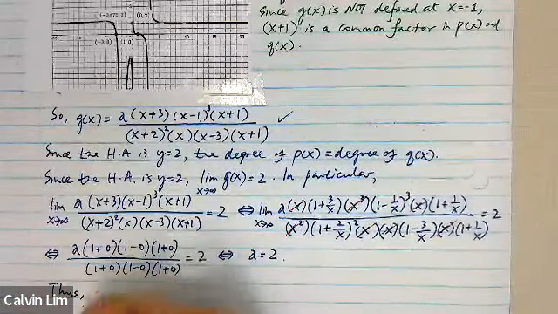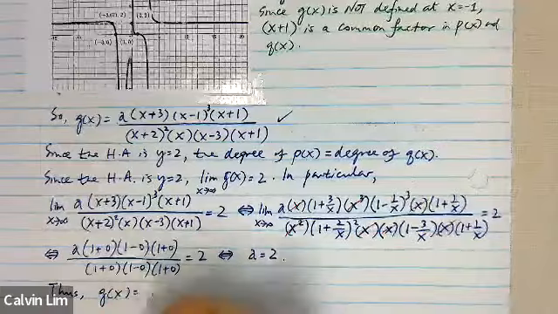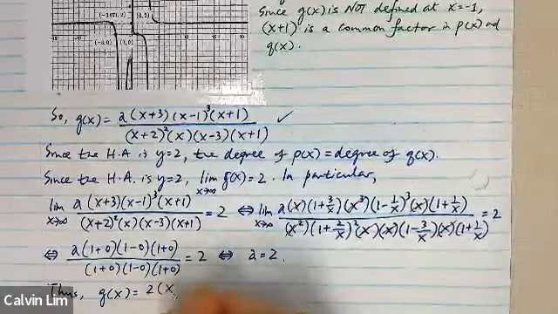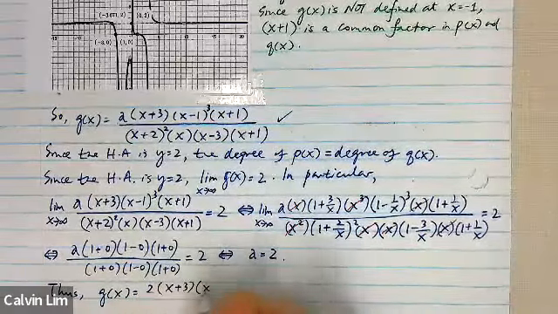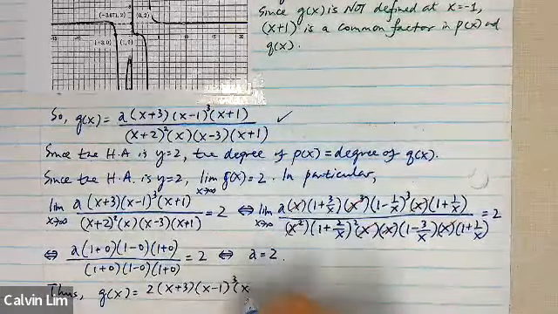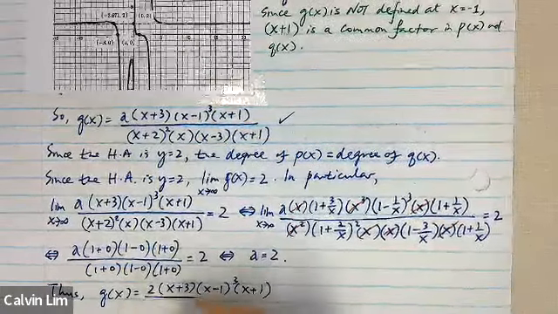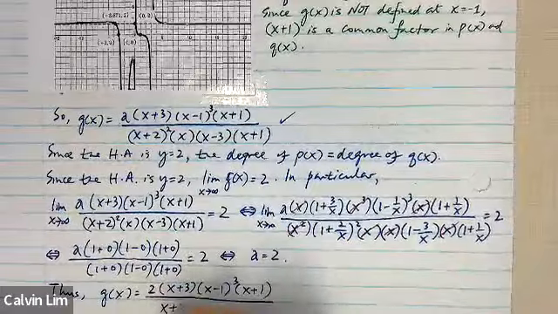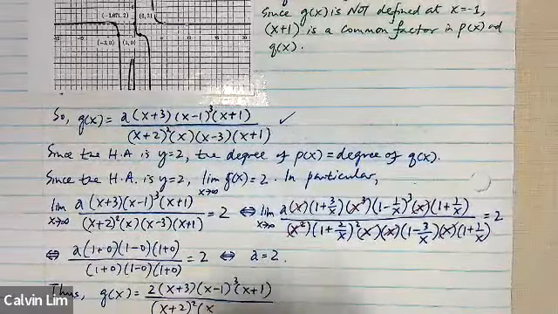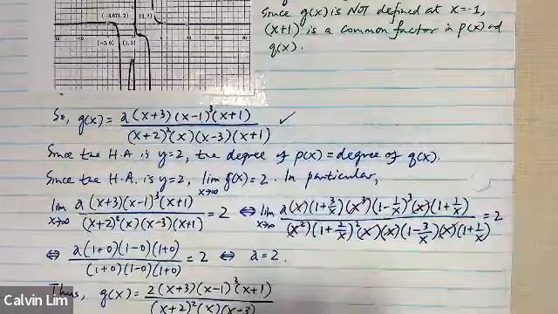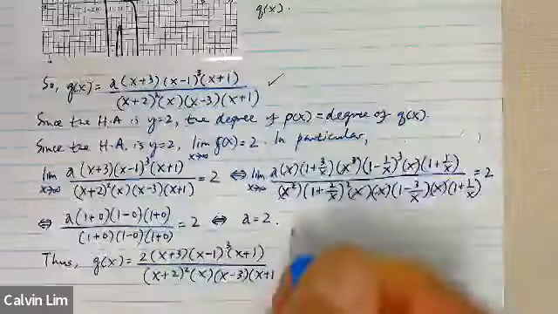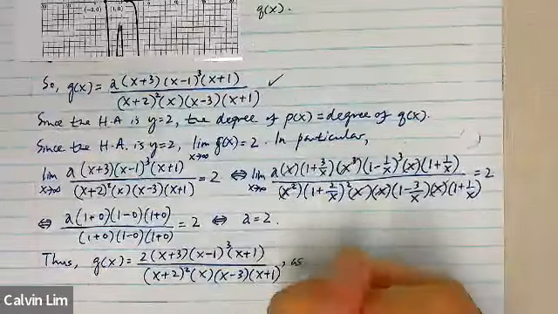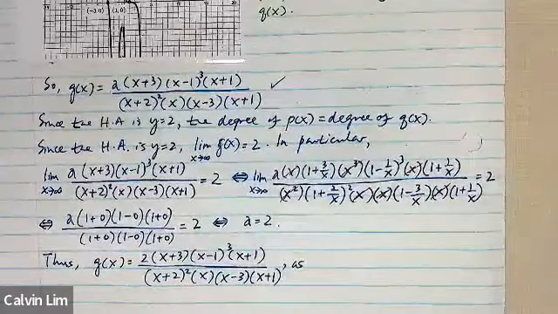Thus, g of x equals 2 times x plus 3, x minus 1 cubed, x plus 1, the whole thing divided by x plus 2 squared, x minus 3, x plus 1. Oh, okay, so don't forget the restrictions.